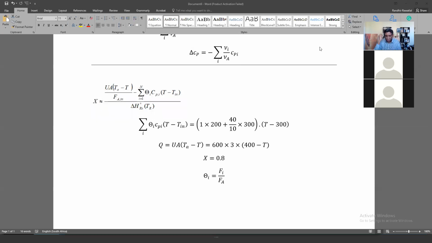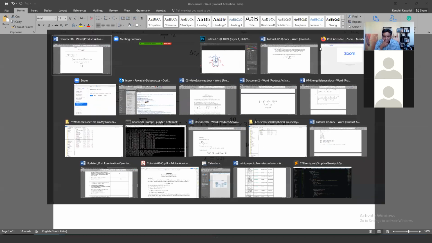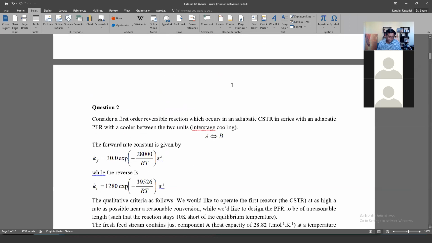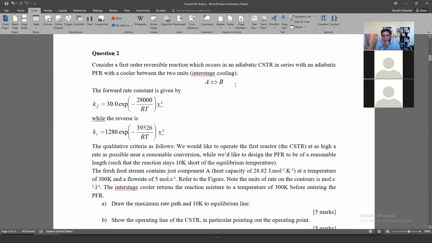All right, let's look now at question 2. So in question 2 now, we have a reversible reaction. So you have component A being converted to B and B is being converted back to A. And you are given all the kinetics. So you are given the kinetic rate constant for the forward reaction and for the reverse reaction.